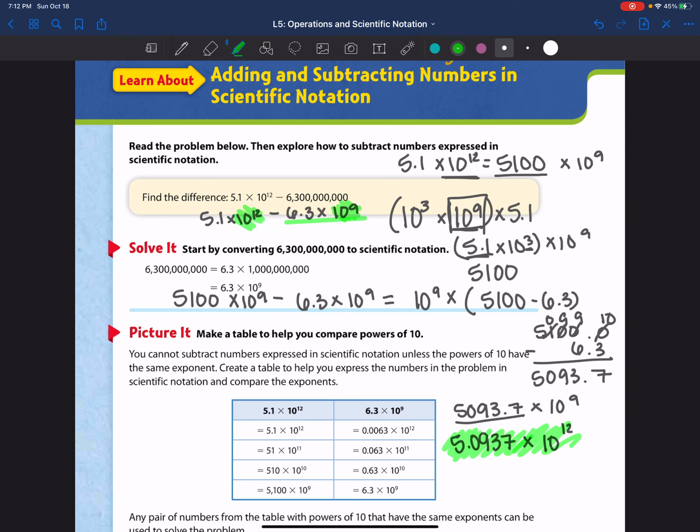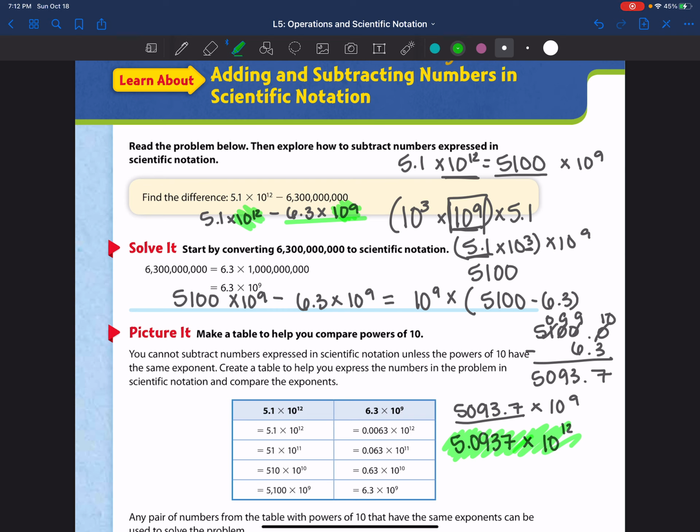So I'm looking for when I wrote them with the same exponent, and it was here. And I will copy and paste that over here. Okay, so I already did all the work on the previous page.